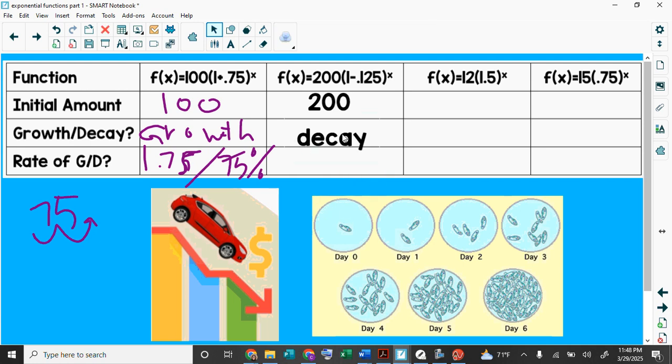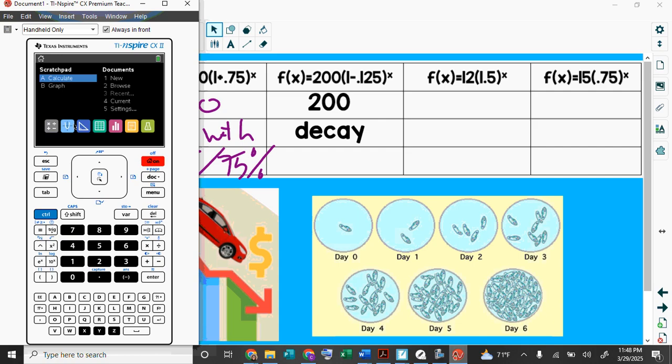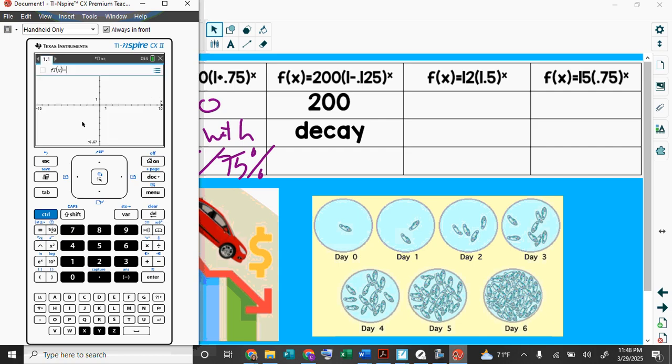But I can prove that it's a decay because I can stick this in my calculator and get a graph. I can put 200 open parentheses 1 minus 0.125 close parentheses raised to the x power.